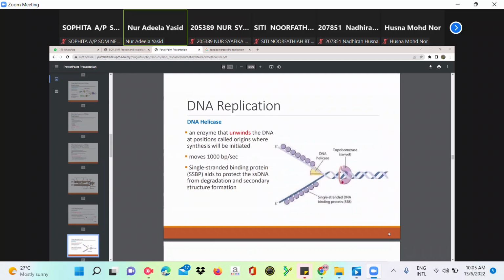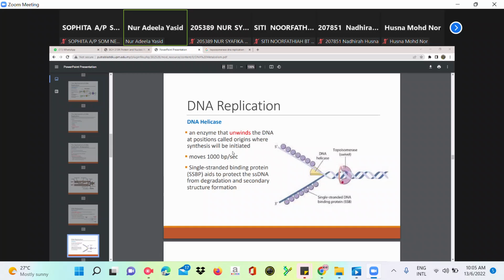Okay, so this one is about DNA helicase. This enzyme unwinds DNA at a position called the origin, where the replication occurs, where the synthesis will be initiated. This enzyme moves 1000 base pairs per second.